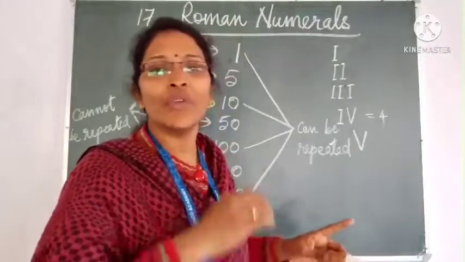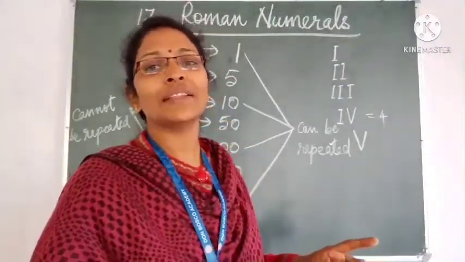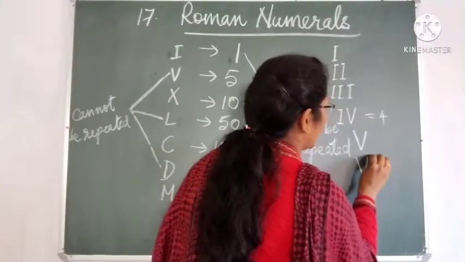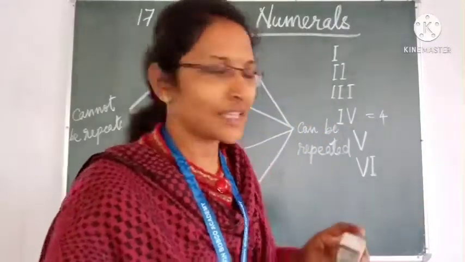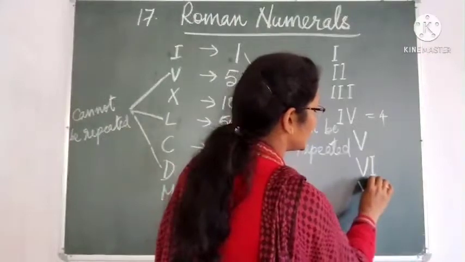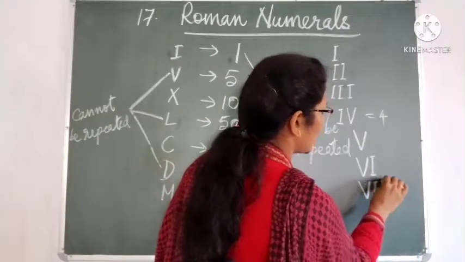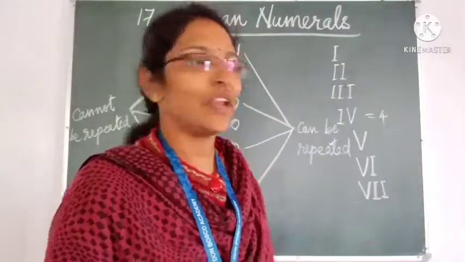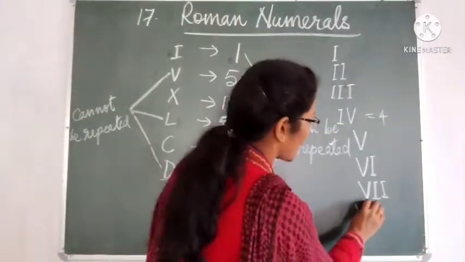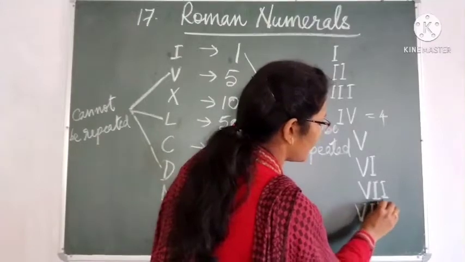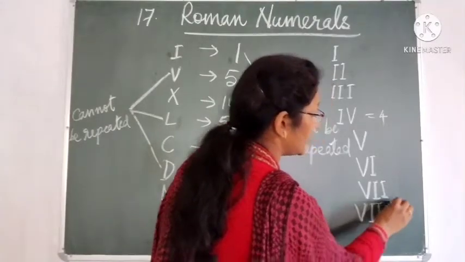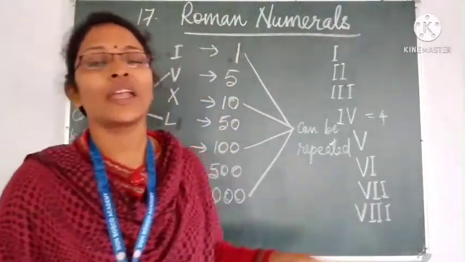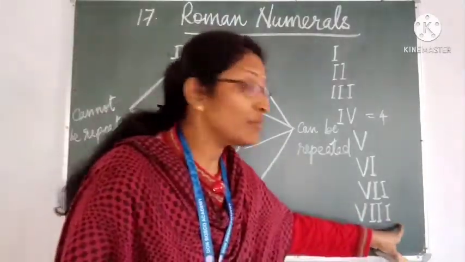After 5, we can write the number 6. How will we write the number 6? V plus 1. That is 6. For 7, we can write V plus 1 plus 1. For 8, we will write V plus 1 plus 1 plus 1. It is 8. For 9, what will we do? Can we write one more 1 here?